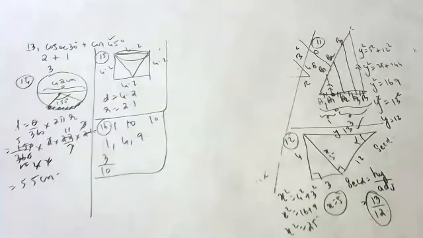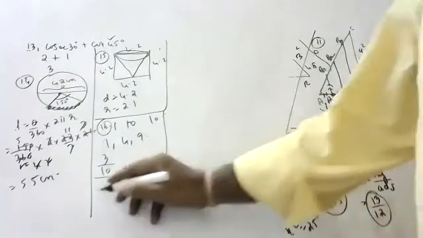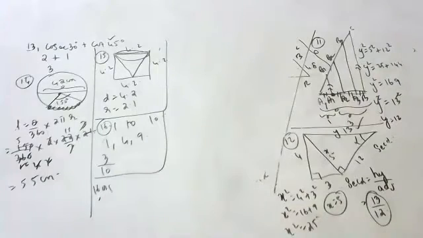Next sum. Find the probability of getting a sum of 9 when 2 dice are thrown.